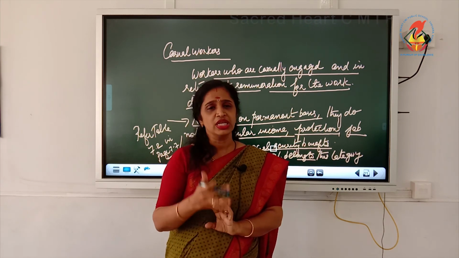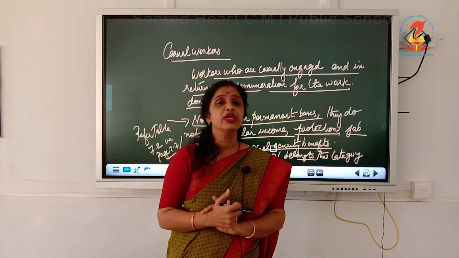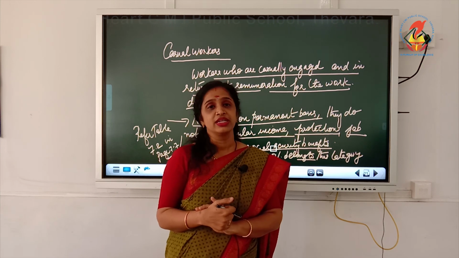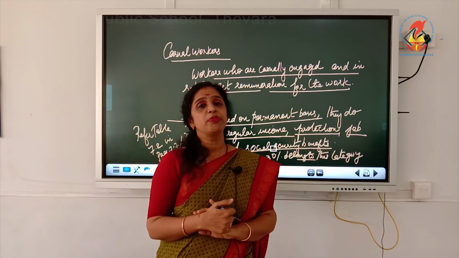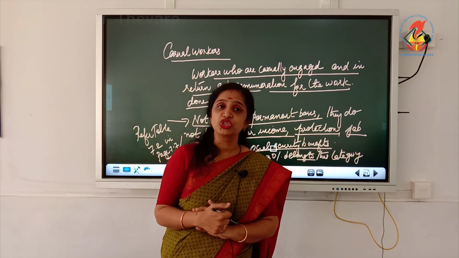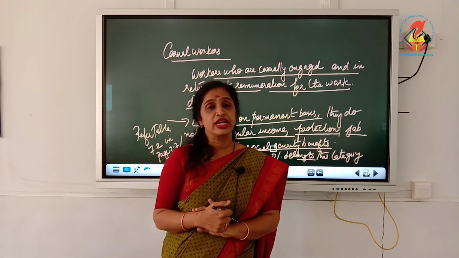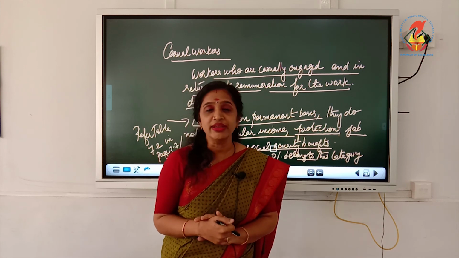Worker population ratio is used to find out the participation of the people involved in the production of goods and services in the country, and it is found by using the formula: people working at present divided by the total population into 100. By finding that, we can understand the proportion of the people involved in the production of goods and services.